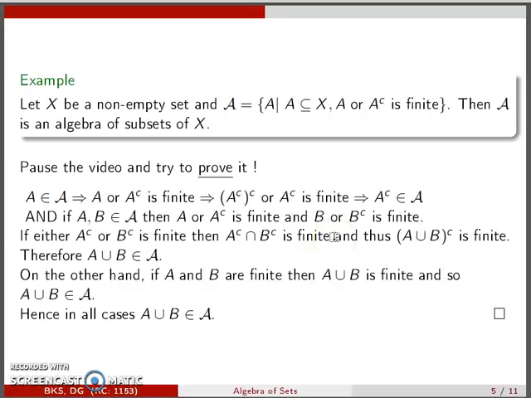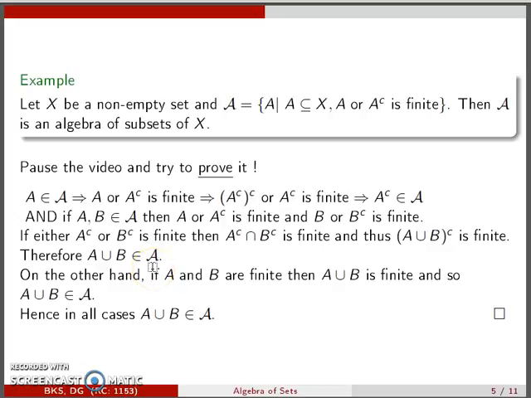If A complement or B complement is finite, then obviously their intersection is finite. We just need one of them to be finite, then the intersection is going to be finite, and thus the complement of A union B is finite. That means A union B belongs to the collection script A.